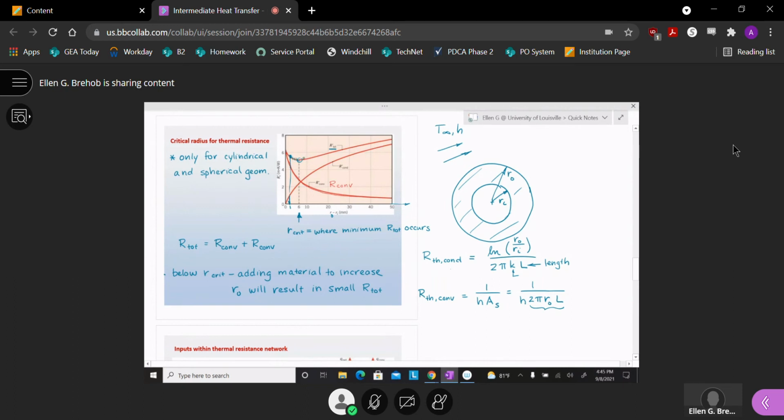But if I'm below r critical, adding thickness, adding material to the wall, because it increases the surface area for convection, actually shows an overall drop. So I think it's an interesting feature to think about. Once I get past r critical, now when I add material, now I'm going in the direction I expect, that the resistance is going to result in a reduced rate of heat loss.